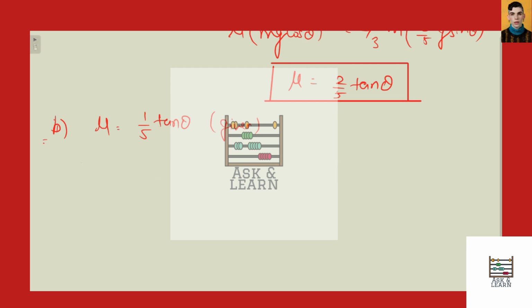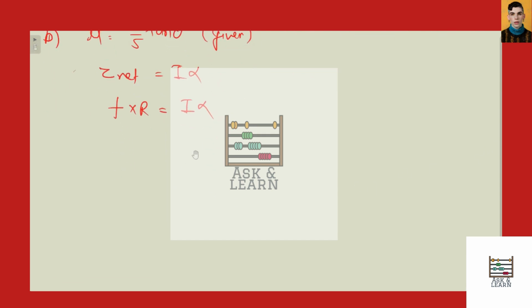Now again I am using the torque equation, that is net torque is equal to I alpha. So here torque is due to the friction force, that is F into R is equal to I into alpha. Now put all the data in this equation. So F is equal to mu into normal force.